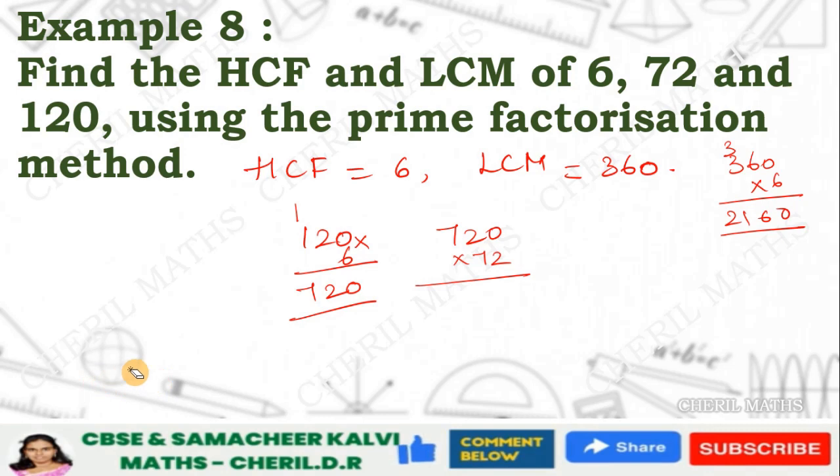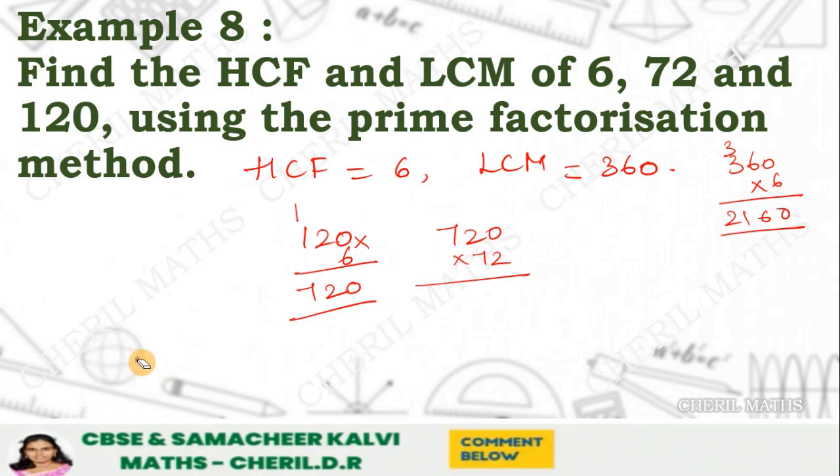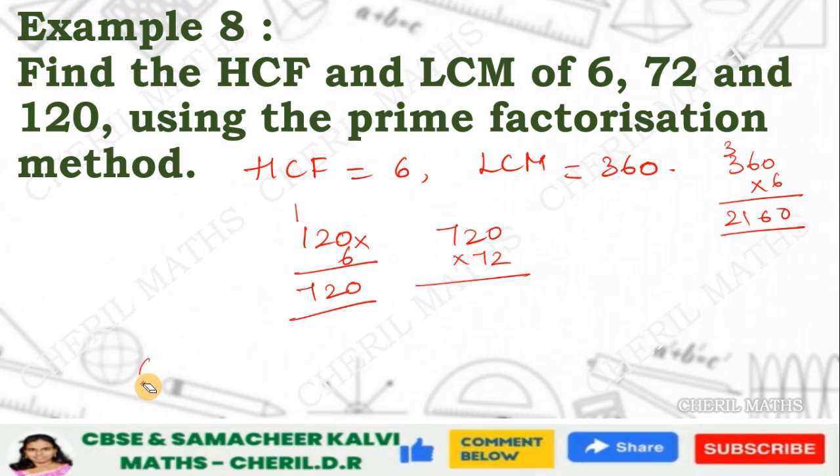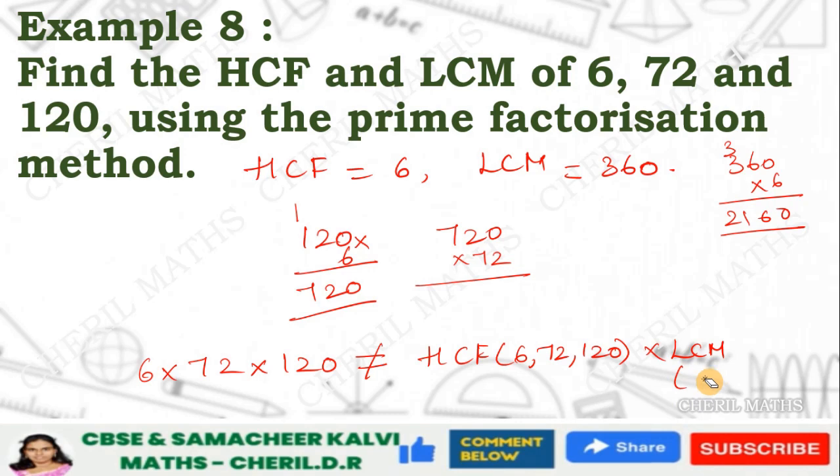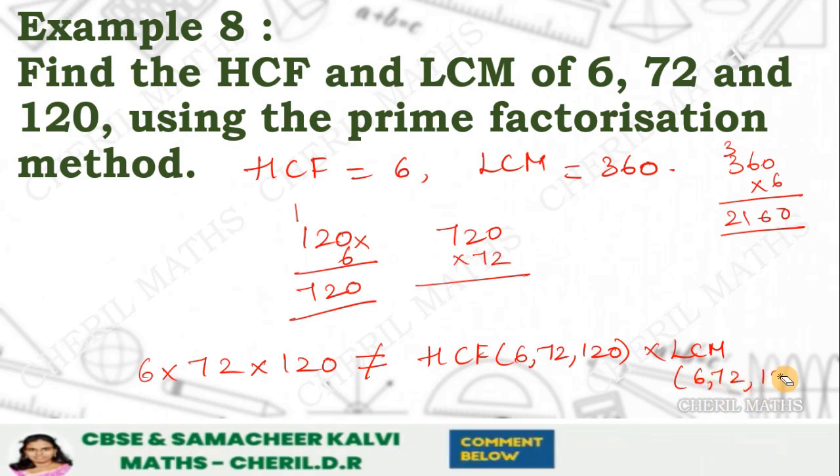Okay, so with this we can say that when you are given 3 positive integers, the product of these 3 will not be equal to the product of the HCF of 6, 72 and 120 and the LCM of 6, 72 and 120.